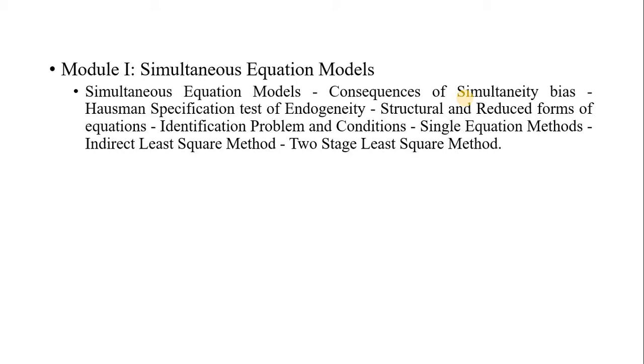That means there will be 2 equations, and these 2 equations we have to estimate simultaneously. As in the case of the consumption function, the IS-LM models, and macroeconomic equilibrium, in all these cases we have more than 1 equation. So this chapter deals with how we can estimate a model with more than 1 equation.